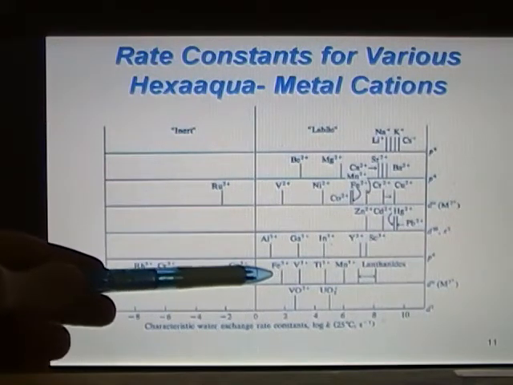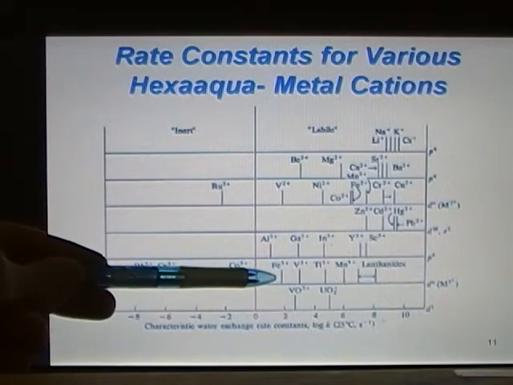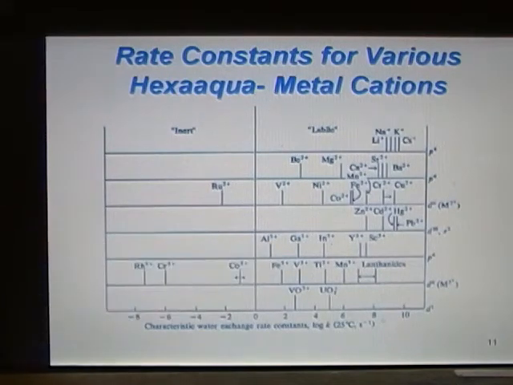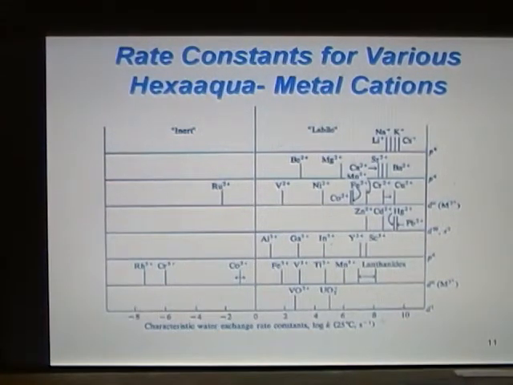If you come down and find Fe3+, the log of its rate constant is about 2. Fe3+ is less labile than Fe2+, suggesting that higher charge leads to more stability and less reactivity.